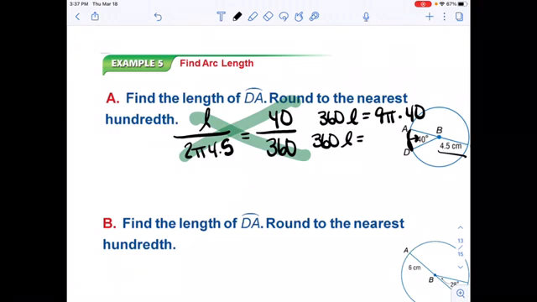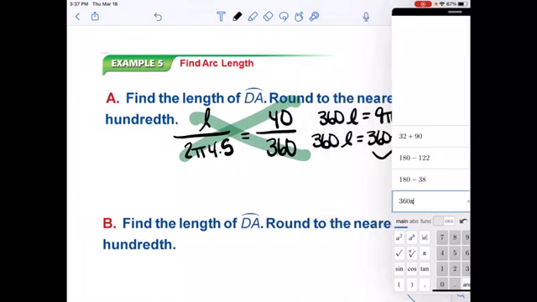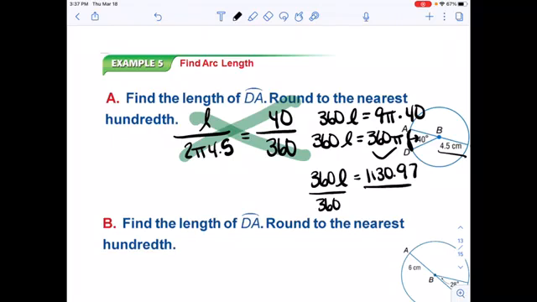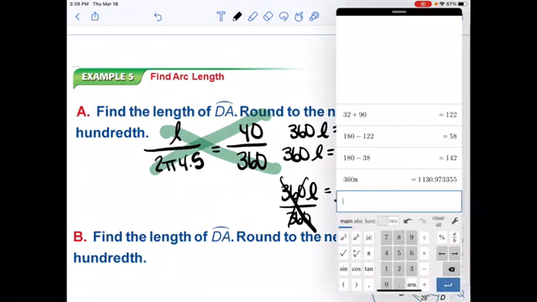Now I happen to know that 9 times 40 is 360, and then we just tack the pi on. If you want, you can multiply that out. We end up getting 1,130.97 is equal to 360L, and you can divide by 360 to get L by itself.